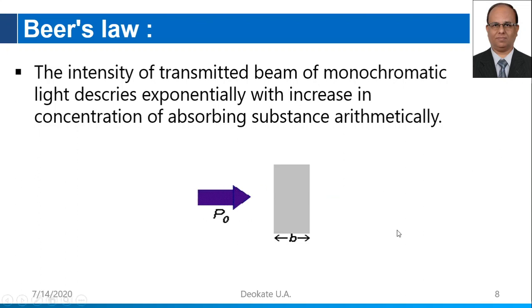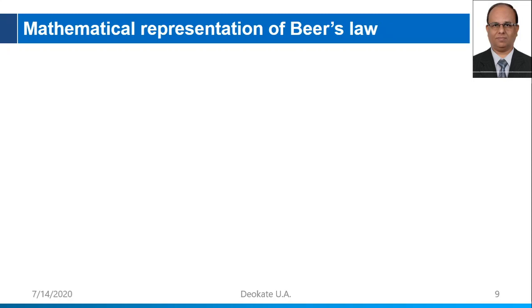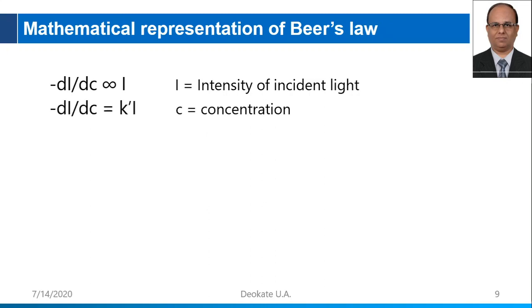So here also we have to mathematically derive this equation. The mathematical representation of Beer's law we can write in the same way. There we used B as a path length; here we will use C as a concentration. The rest of the things will be the same. Minus dI upon dC is directly proportional to I, that is intensity.